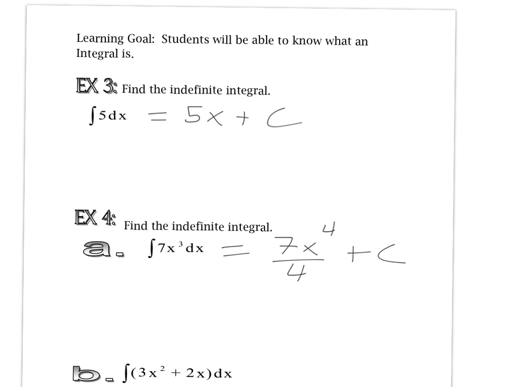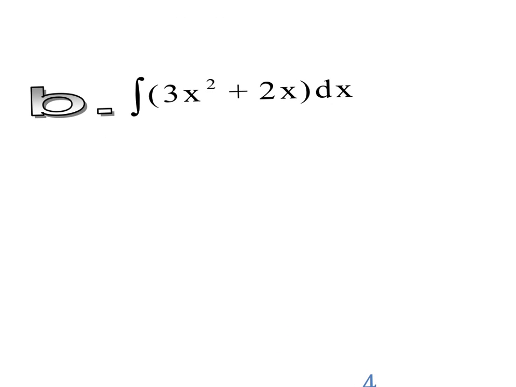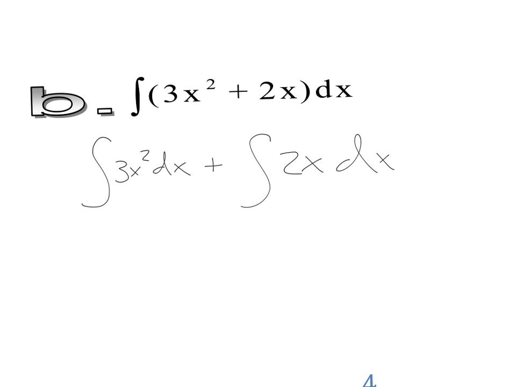All right, let's do the last one together, because it's not that tricky, but I just want you to see how you can set this up. We can start off by saying, you know what, this is the same thing as the integral of 3x squared dx plus the integral of 2x dx. And we said on the previous page that we could separate them like this. And this little trick is going to come in handy often when we get something complicated here that we need some help with. So now we can evaluate these two independently.